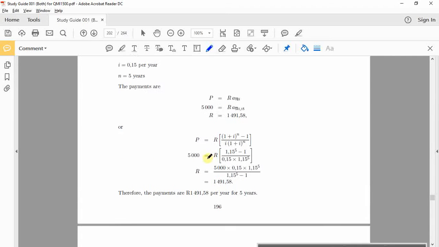Second function, clear everything. Okay, what's your PV? My present value is 5,000 rand. What's your I, your interest? It's the 15%. What's your N? My 5 years is the time. What are you solving for? The annual payment. So compute payment. There we go.